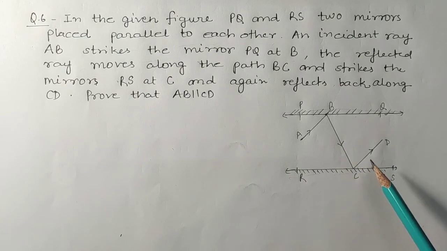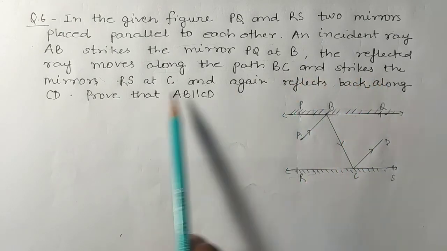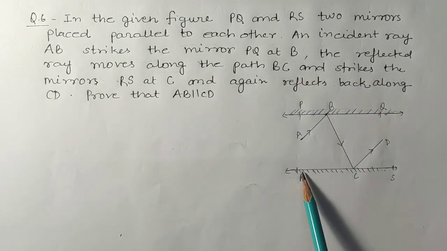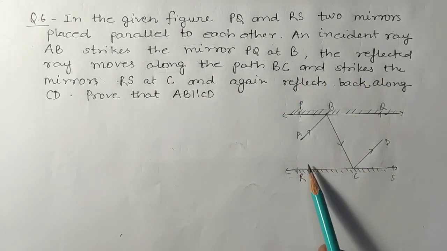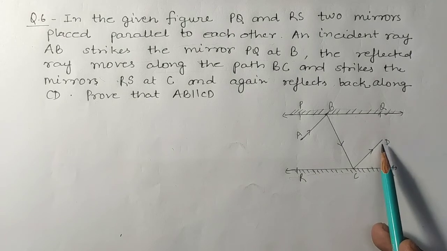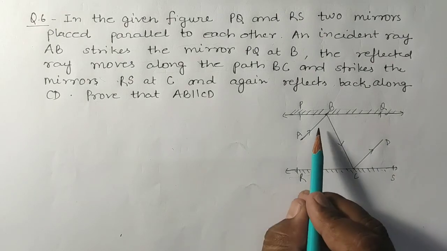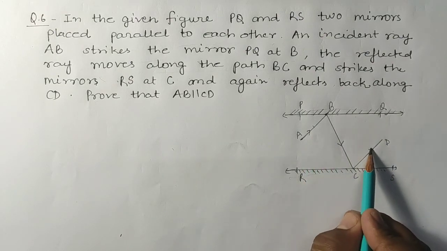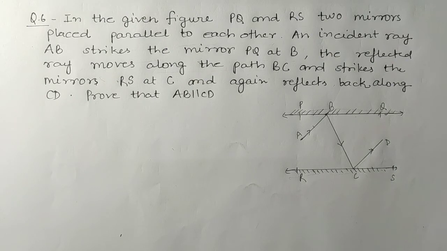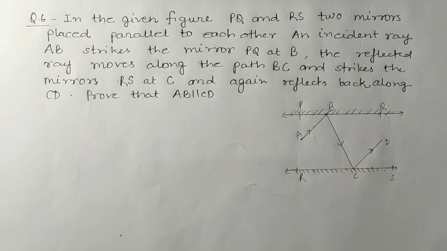Okay, the reflected ray moves along the path BC and strikes the mirror RS, and this ray strikes the mirror RS at C, and after that it is again reflected and moves in the path of CD. Okay, we have to show that this AB is parallel to CD.